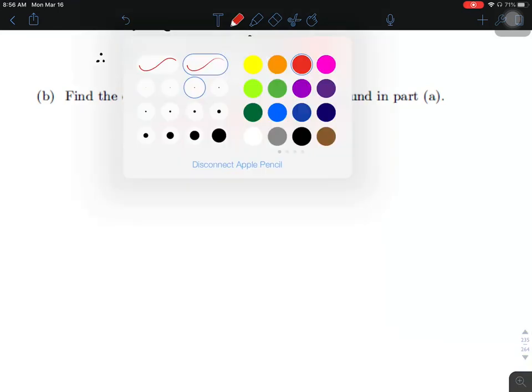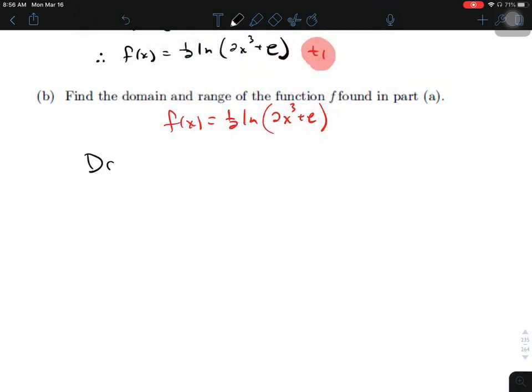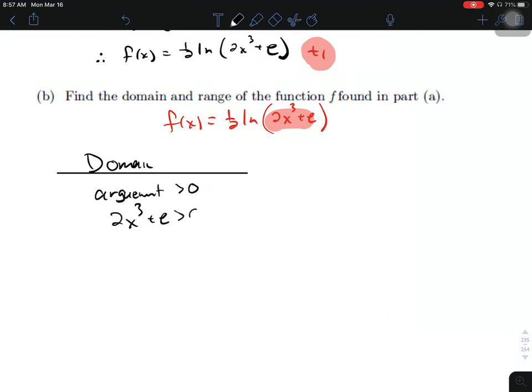Well, as far as the domain is concerned, the argument of a logarithm, I don't know if there's an E in here or not. I am sorry, I'm not very good at spelling. The argument has to be bigger than 0. The argument is 2x cubed plus E.